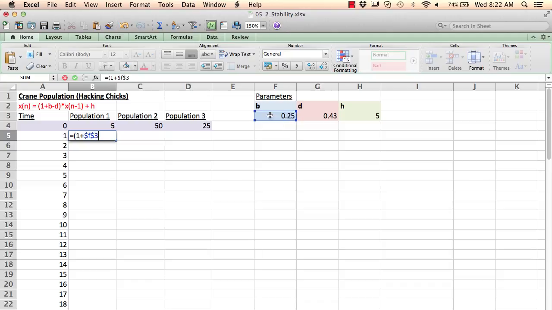So $F$3 means it will always reference column F, row 3, and then minus the death rate, which is always going to be in G4, so using my dollar signs again. Close that off. Multiply by the previous population. So I'm just going to click on the cell that contains that value.